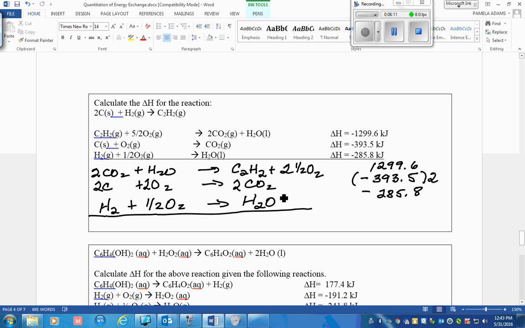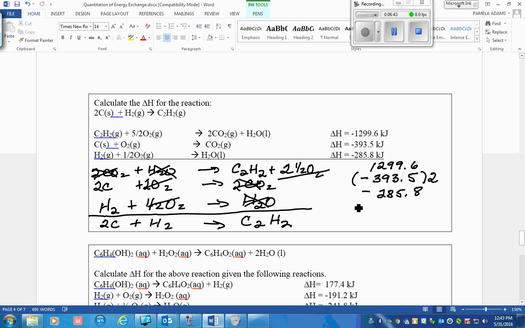produced success. When I look at this, I cross out spectators: 2 CO2 crosses out 2 CO2, 1 mole of water here crosses out 1 mole of water here. Together on the reactant side I have 2.5 oxygens, which will cross out these 2.5 oxygens, and what I should have left are the sum of these elementary reactions that should add up to my target reaction.